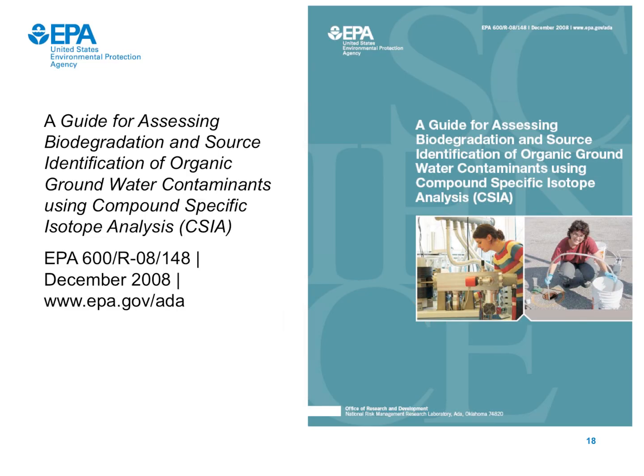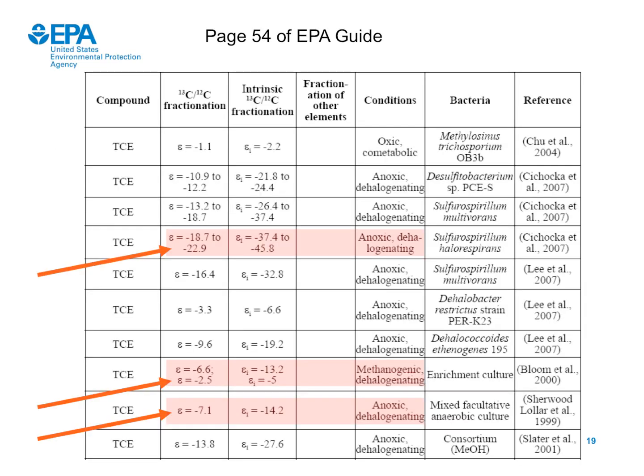And in the very back of it, it's got a list of fractionation factors. Next slide. So it's listed by compound, and it gives the value of epsilon, and it talks about the conditions and the bacteria, if they know what was responsible, and then the primary literature citation if you want more details on that particular experiment.